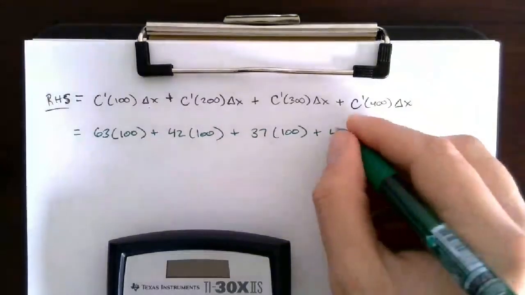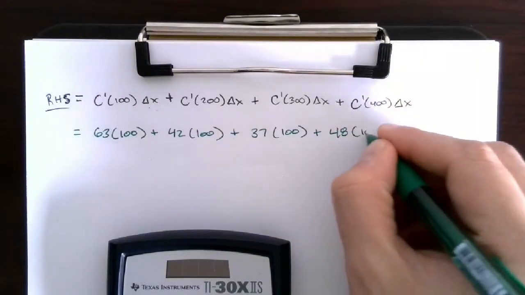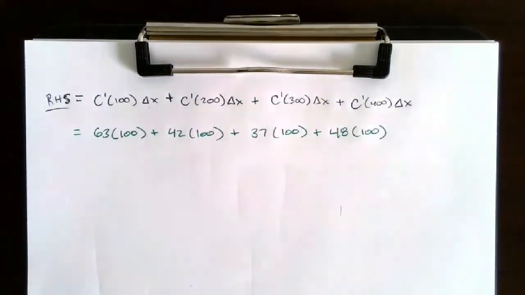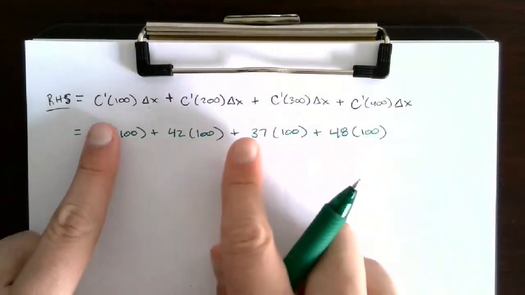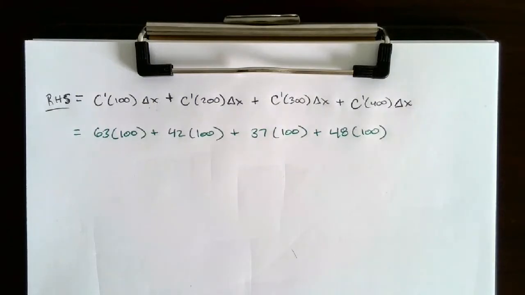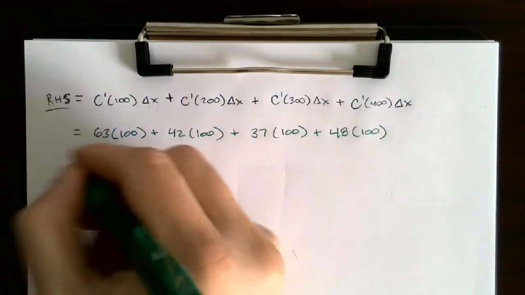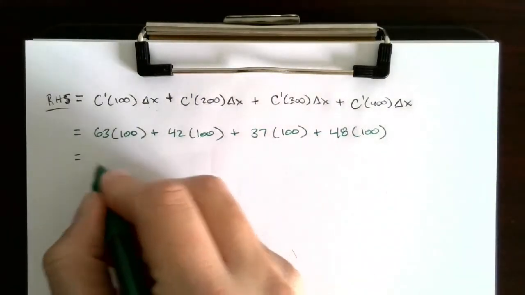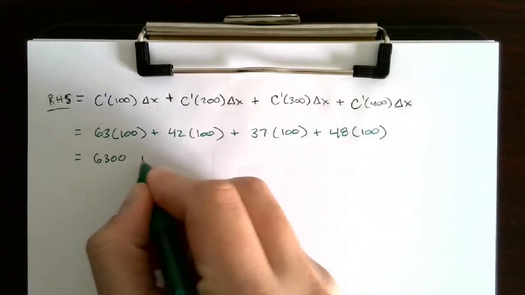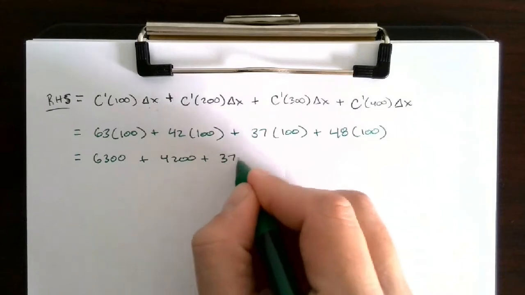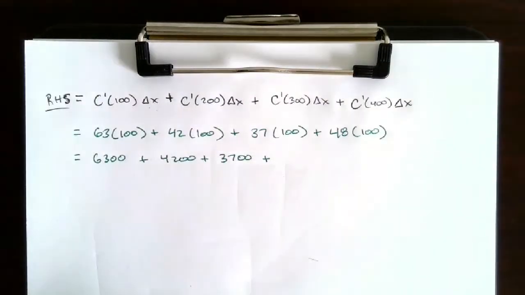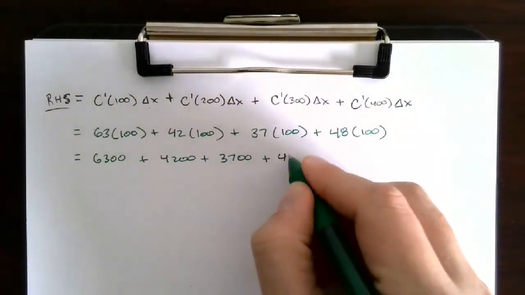So this will be 48 times delta x, which is 100. You can do these calculations for C prime on your own, but have an understanding of what they are. They're the heights of those rectangles. So now we evaluate: 63 times 100 is 6,300 plus 4,200 plus 3,700 plus 4,800.